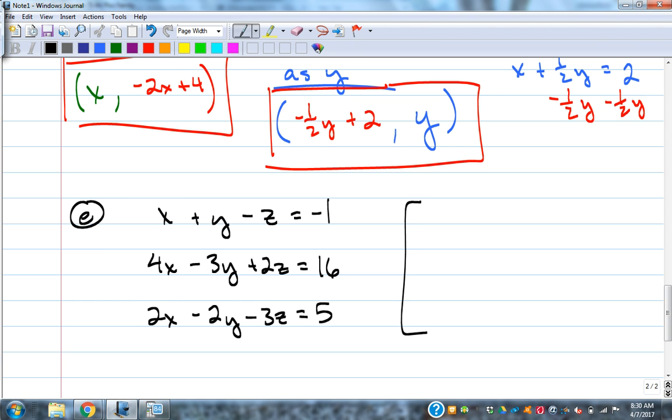Matrix for that, what size will it be? All of these are Z's. It's got a little slash to it, it's a Z. So 3 by 4: 3 rows, for X, Y, Z, and numbers, and 4 columns. 3 by 4. 1, 1, -1, and then -1 for the 4th column.